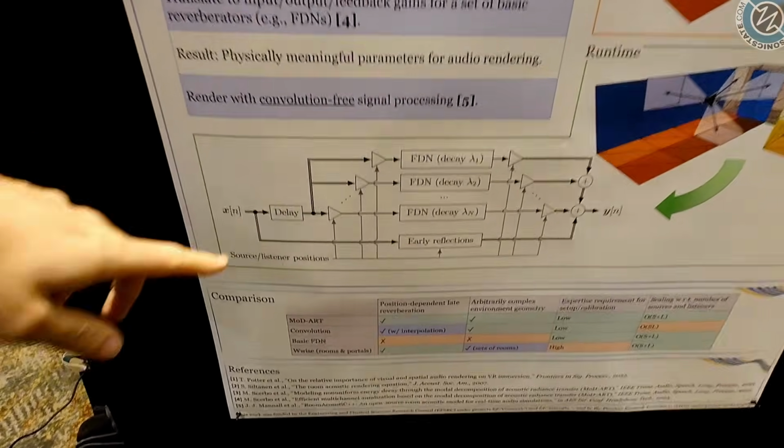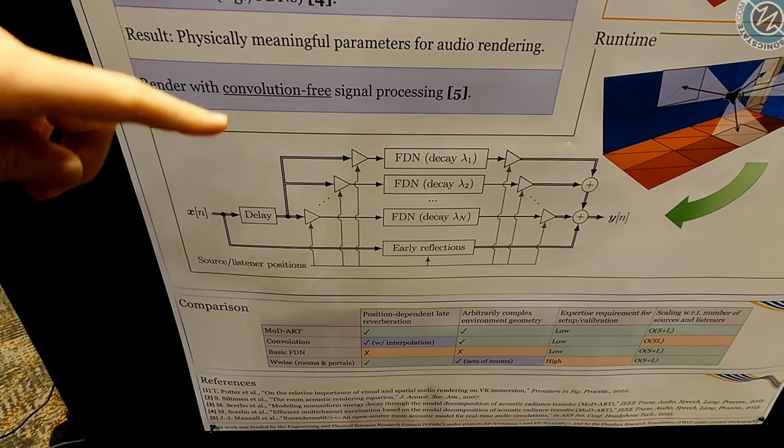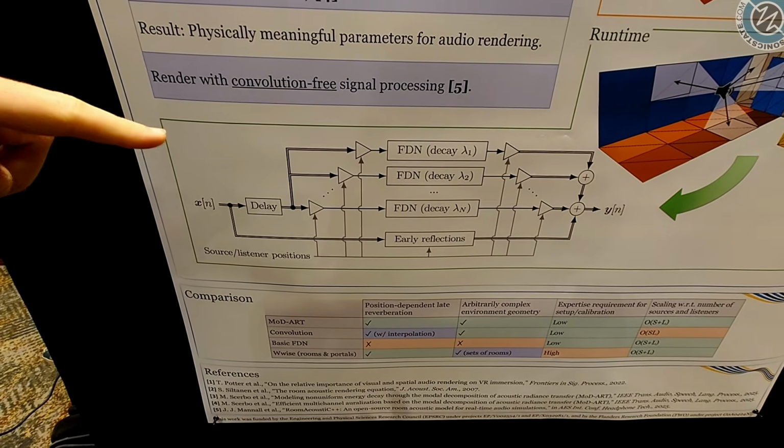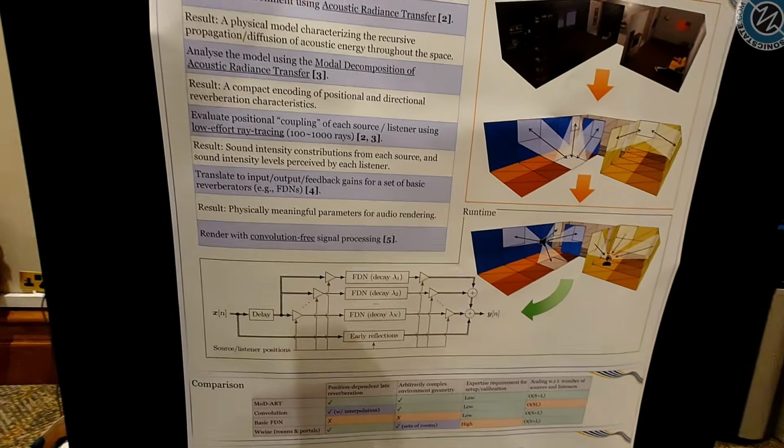Yes. Right. And then instead of preparing an impulse response and convolving with it, we have a system with several reverberators in parallel, several FDNs. We have already tuned the decay rates of the FDNs such that their reverberation times match whatever reverberation time we want in the environment.